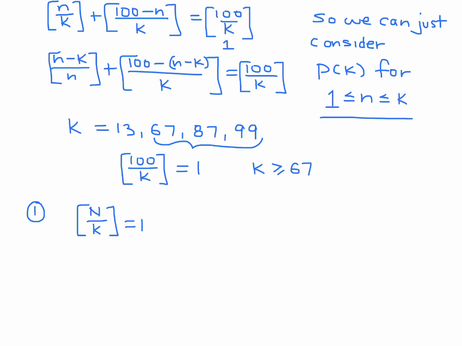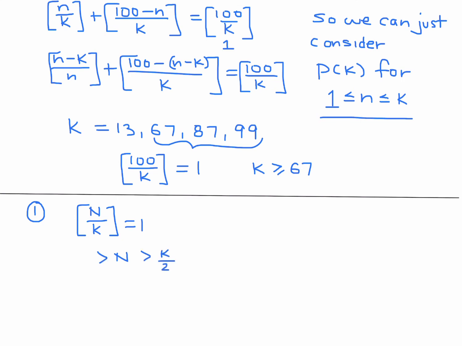So my first scenario is that I'm letting this n over k equal to 1. The only way that's going to be equal to 1 is if n is greater than k over 2 and less than k. If it's in that range, then that will be 1. And then if this is 1, then this has to be 0 in order for it to match up.